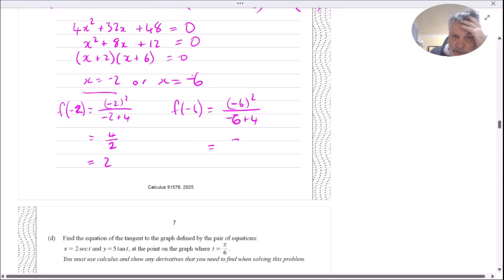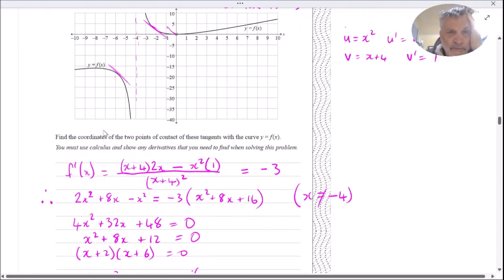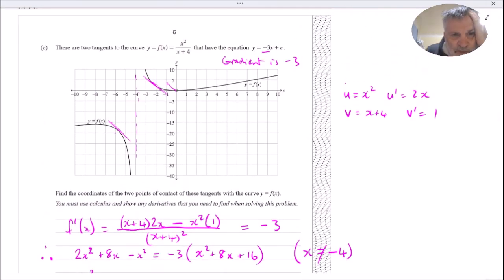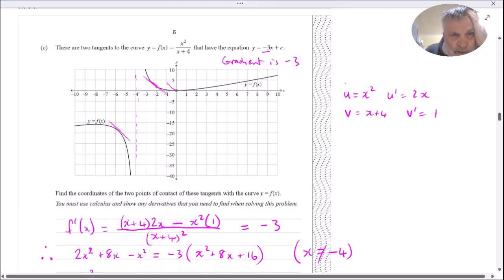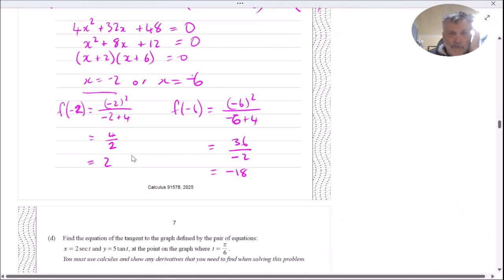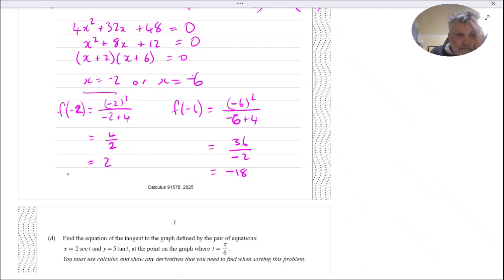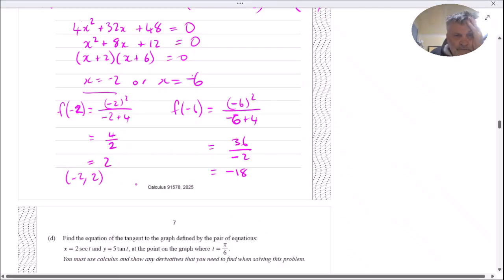This is 36 over negative 2, so that's negative 18. Yeah, plus 2 looks right, so it's at 2, right at this point here. And negative 6, it's actually this point over here. So a little bit out, and that looks like it's down at negative 18. So the coordinates are negative 2, 2, and negative 6, negative 18.